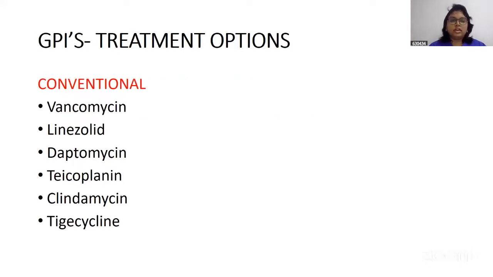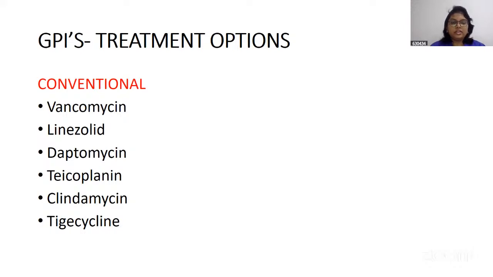So what are the conventional drugs that have been available for gram-positive infections, which we have discussed in the last slide, most of them? Vancomycin, linezolid, daptomycin, teicoplanin, clindamycin. Clindamycin is a lincosamide antibiotic typically used in doses of 600 milligrams IV every 6 hourly.